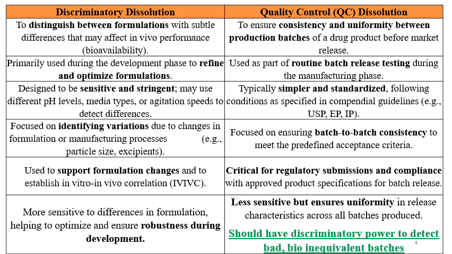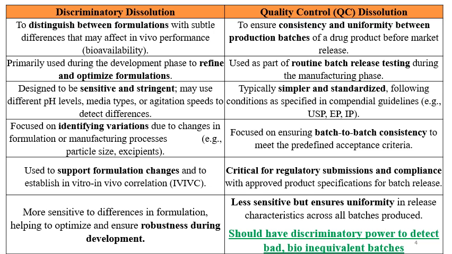And one of the most important things to understand is that the quality control dissolution method should have a discriminatory power to detect the bad batches or mismanufactured batches or bio inequivalent batches.